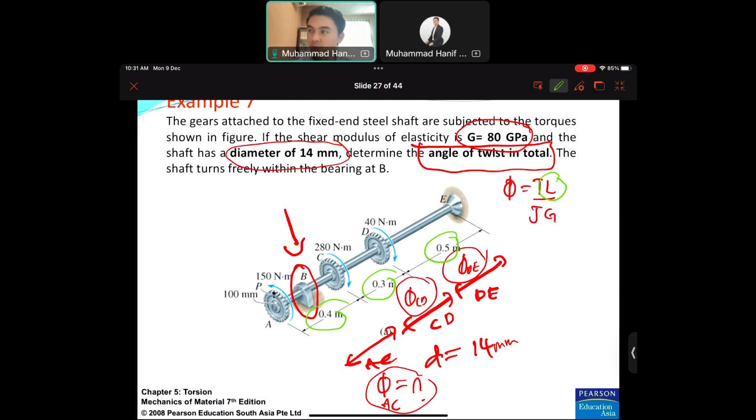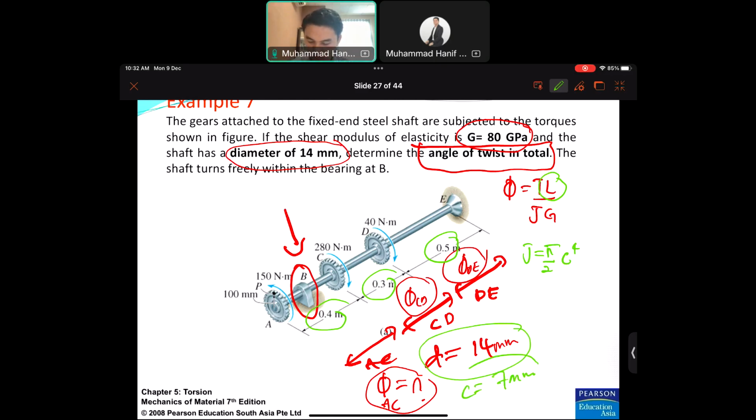For J, you have to use the formula. The given formula of J is equal to pi over 2 C to the power of 4. Since the diameter is similar, C should be 7 mm.